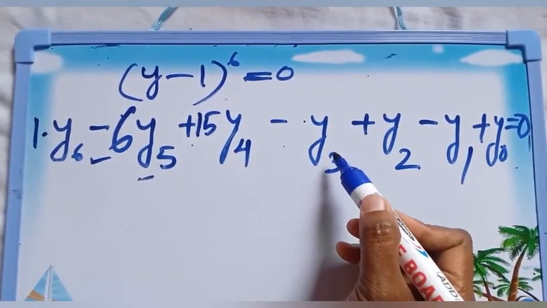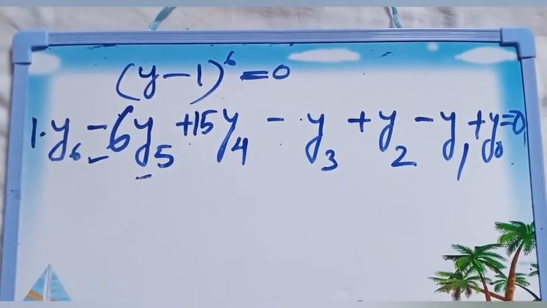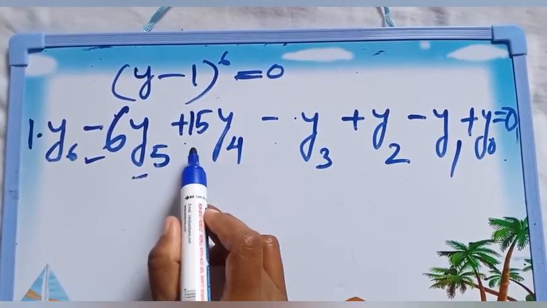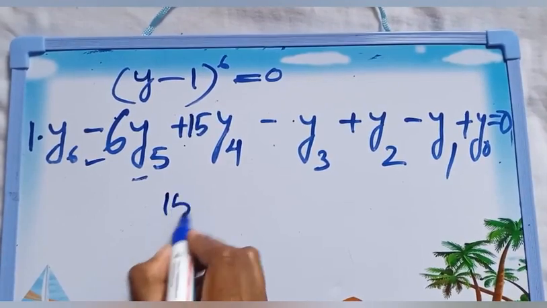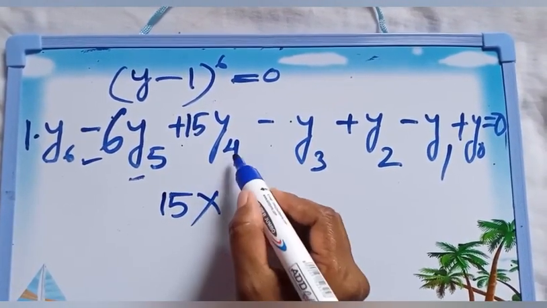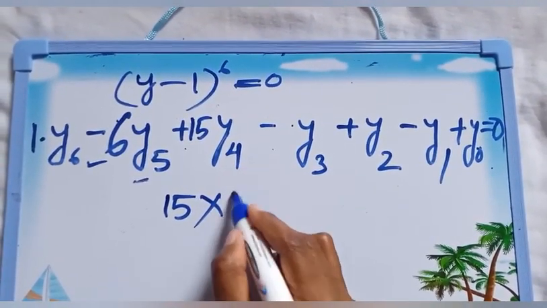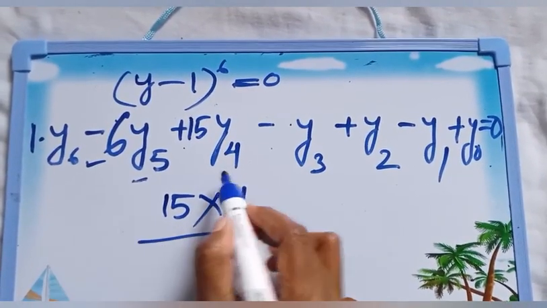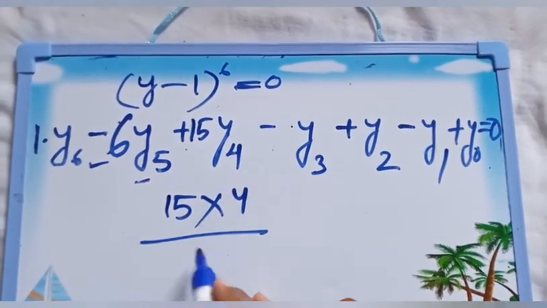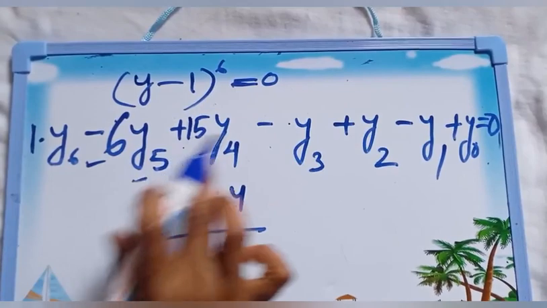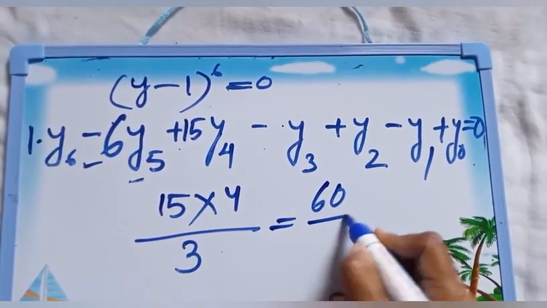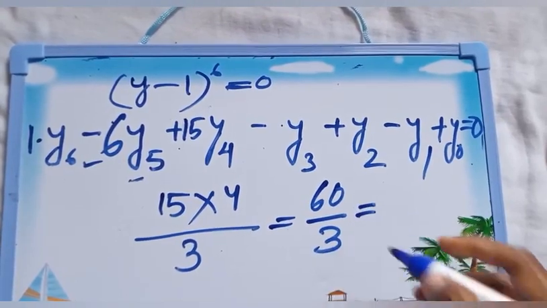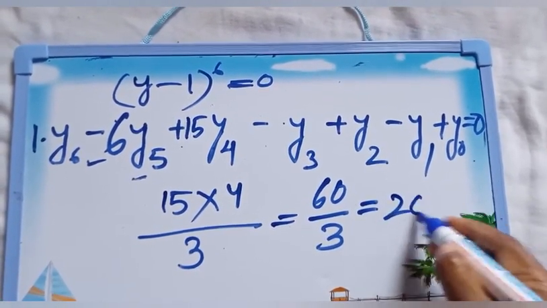Then we come to y3. In y3 we follow the same rules. You have to see the previous coefficient is 15, the previous subscript is 4, divided by the previous term, also called previous rank, which is 3: 1, 2, 3. Then 15 into 4 is 60, divided by 3, we get 20.